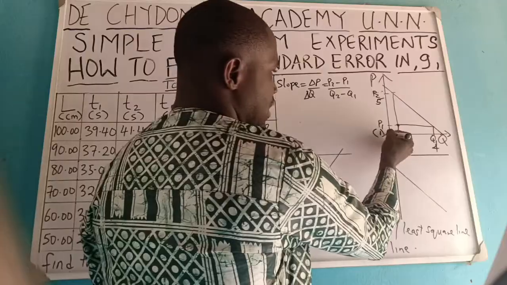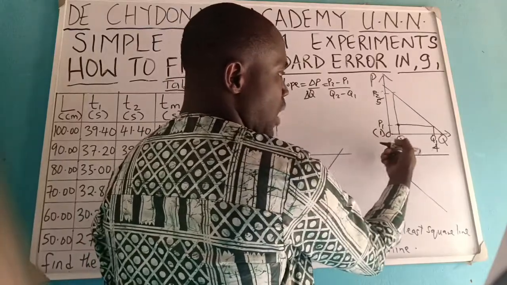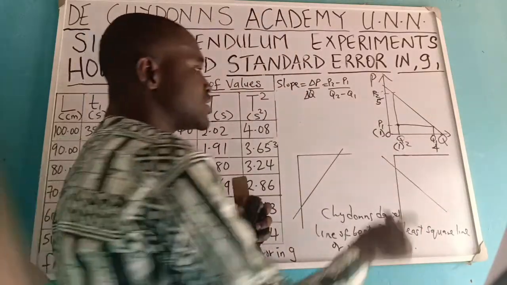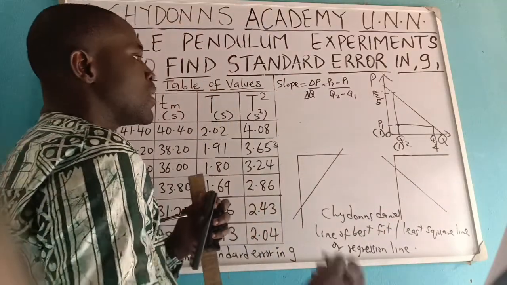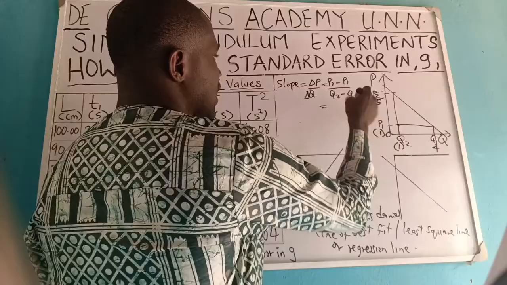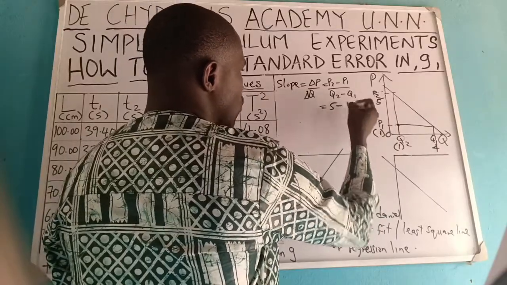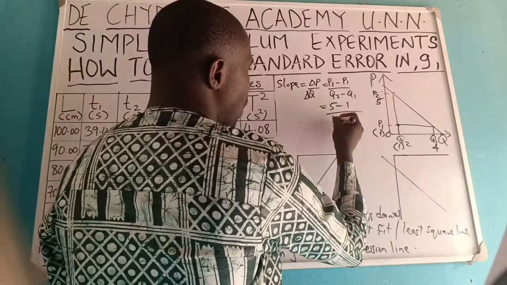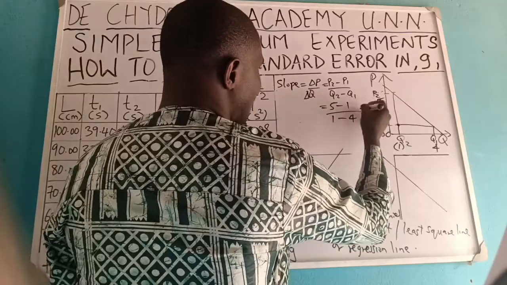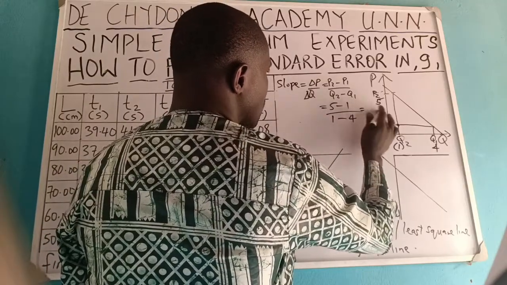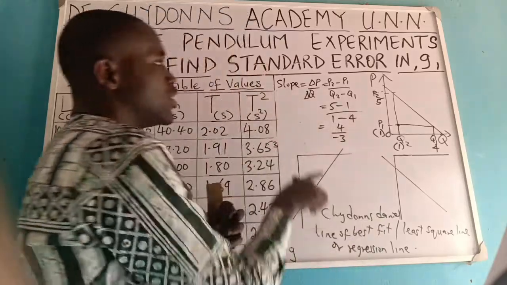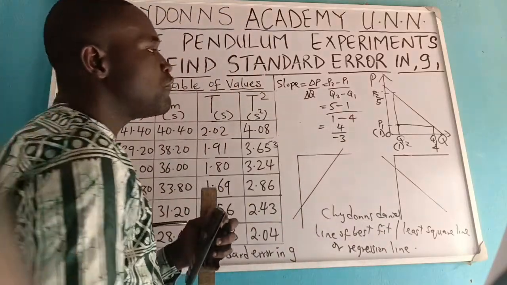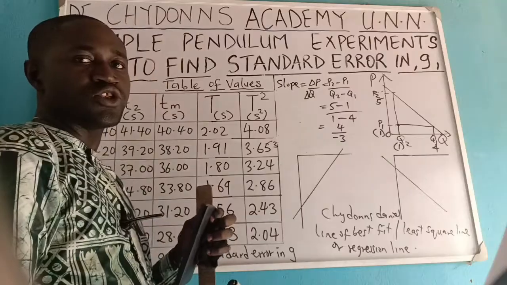You are starting from, let's say, 0 now. 0, 1 to 4. You don't say 0, 4 to 1. No, you don't do it like that. Okay? So, you now compute, you say 5 minus 1 all over 1 minus 4. That will be giving you 4 over minus 3. You see the slope is 4 over minus 3. That will be the slope.